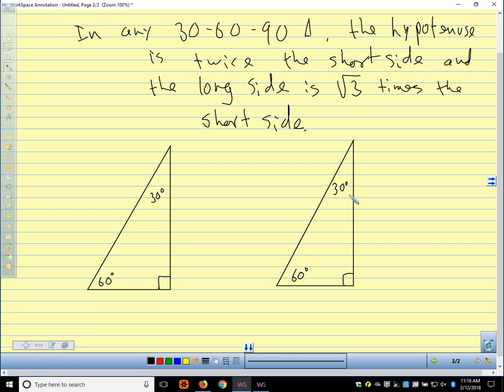On a 30, 60, 90 triangle, just like with any right triangle, if we're doing the Pythagorean Theorem, we label the sides A, B, C. If we have a 45, 45, 90, hypotenuse and leg. For 30, 60, 90, we're going to label short, long, and hypotenuse. Well, the hypotenuse is always the hypotenuse. The short side is across from the 30-degree angle.